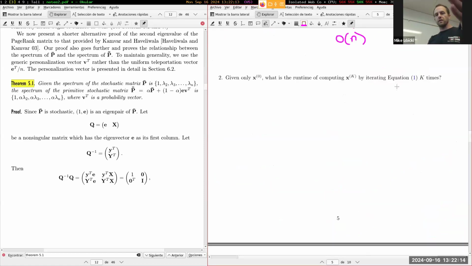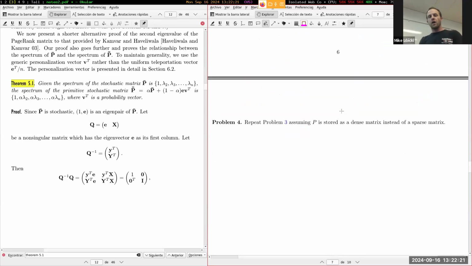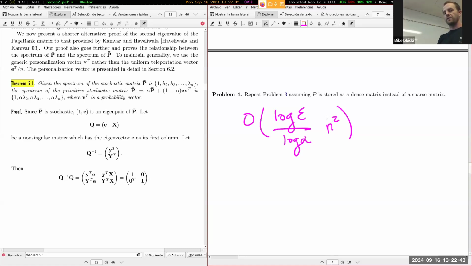So the correct answer for this runtime is log epsilon over log alpha times the nnz of P. Problem 4 right here asks you to repeat all of those steps. I won't repeat those steps for you right now, but I will tell you what the answer should be. You should get log epsilon over log alpha times n squared. Problem 4 is about using a dense matrix instead of a sparse matrix, and we can see that the dense matrix has a significantly worse dependence on n, quadratic instead of linear.